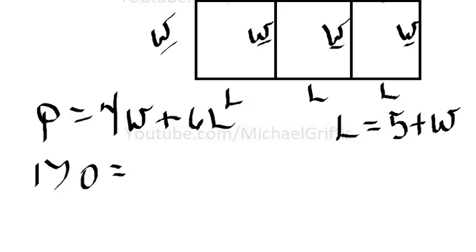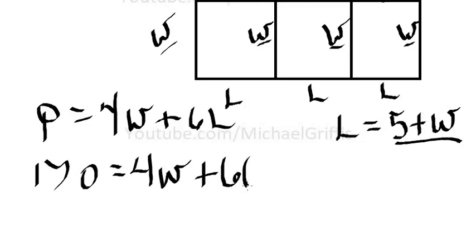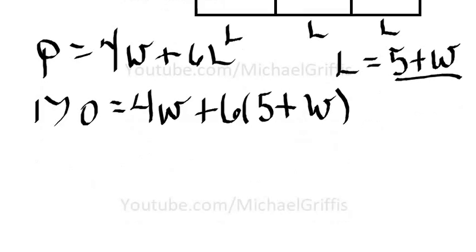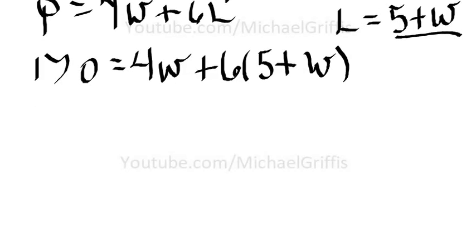Okay, and so we're going to write 4W plus 6L. Alright, let's start a parentheses. So 5 plus W.